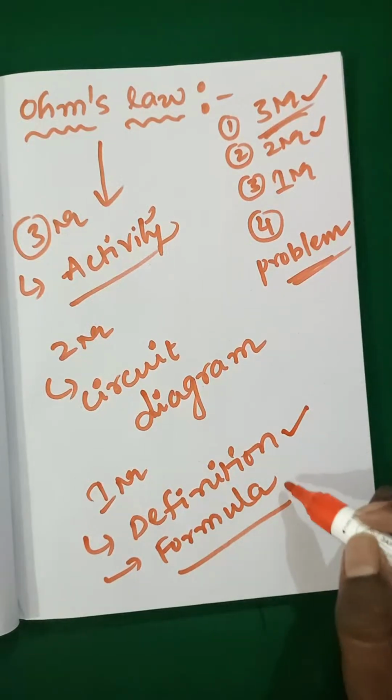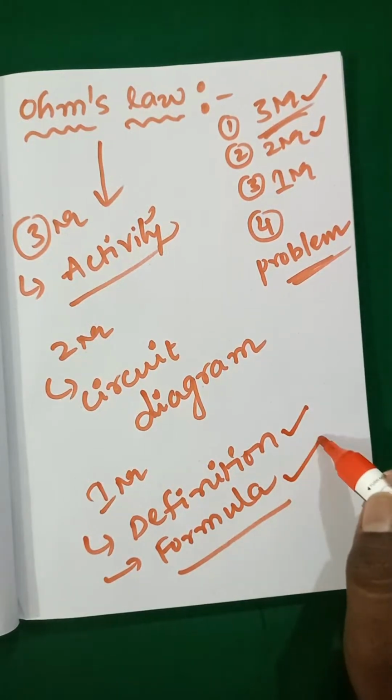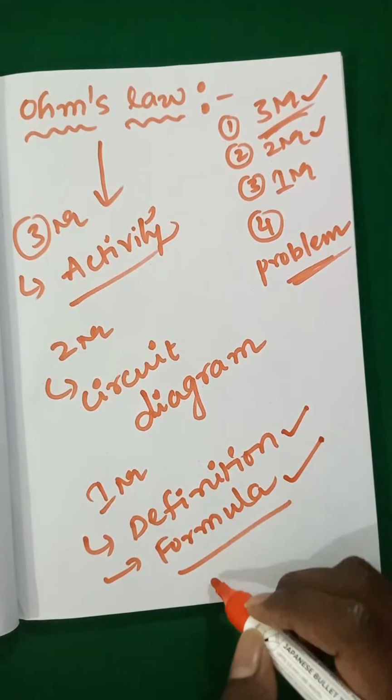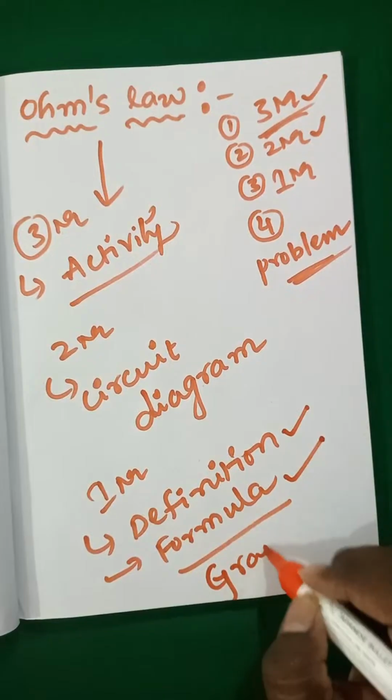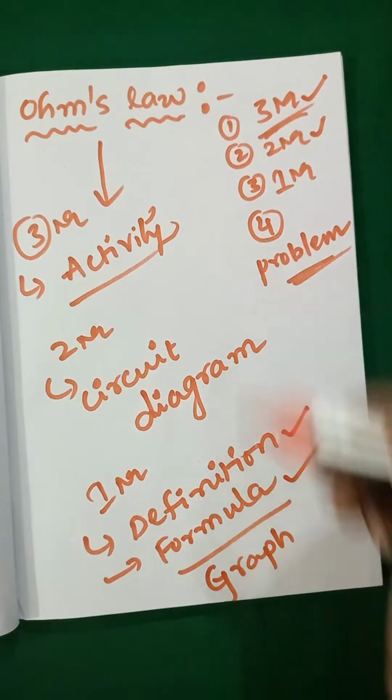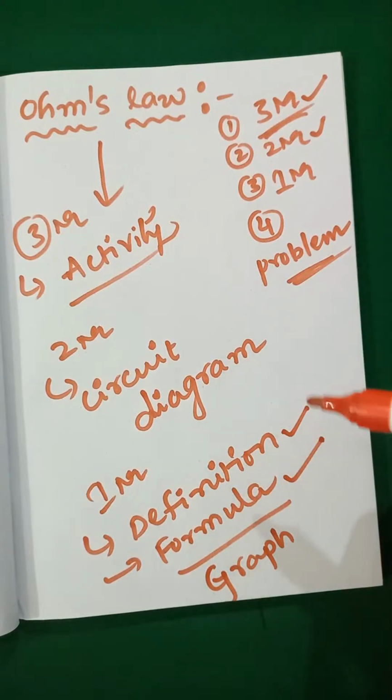Definition may come, formula may come, and maybe a graph related question will come: graph, straight line, linear, ohmic conductor, non-ohmic conductor. Very important. This many ways they can ask questions from Ohm's law.